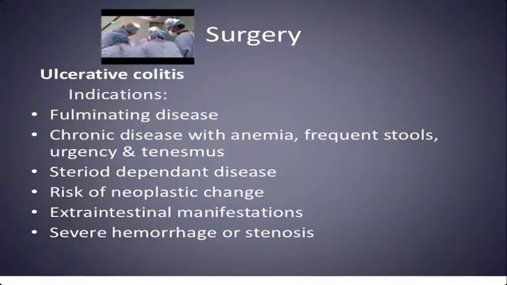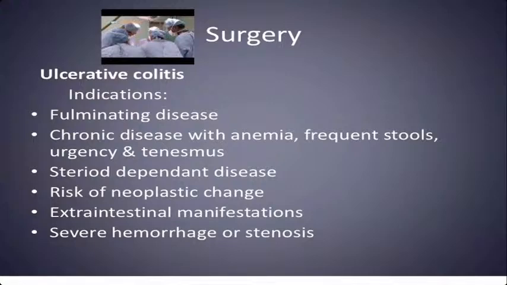Risk of neoplastic change, extraintestinal manifestations, the ones we've already mentioned, skin, eye, liver, kidney, systemic disease, and where there is severe hemorrhage or stenosis, megacolon, and so on, there's a role for surgery.